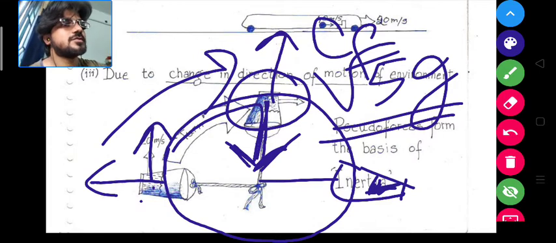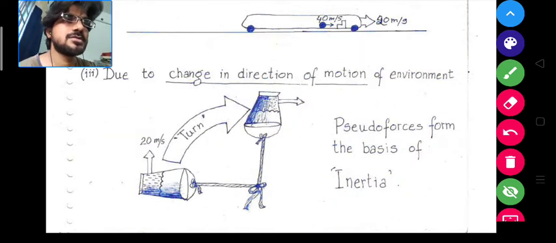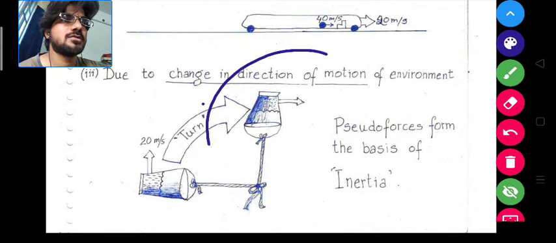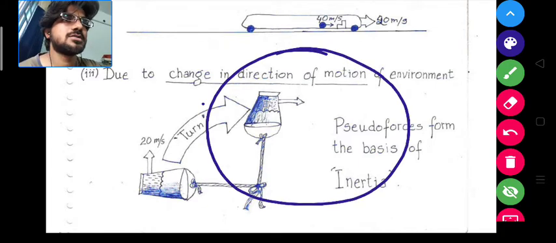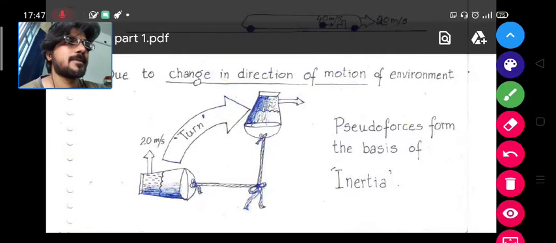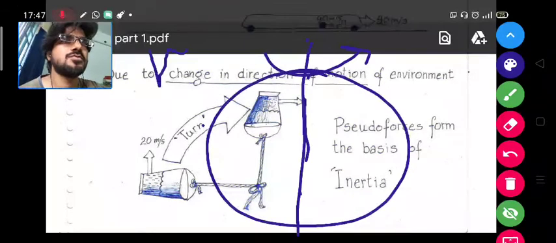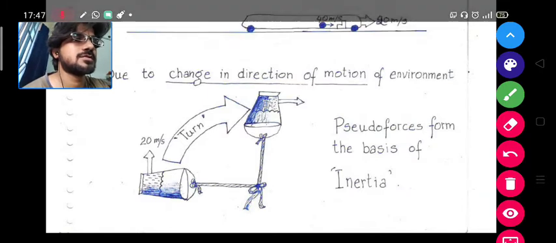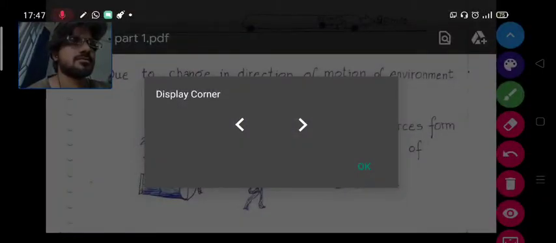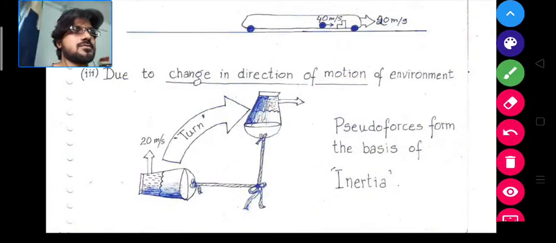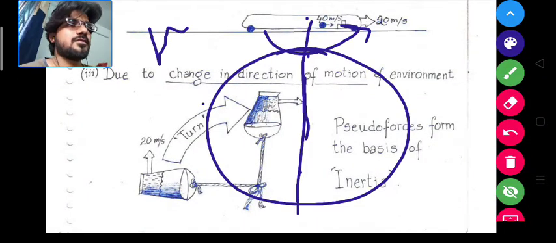There is one more effect of pseudo force that you have studied in your geography section. When the earth rotates around its axis, actually the earth is tilted, but let's say the earth is rotating from west to east, okay, from west to east.